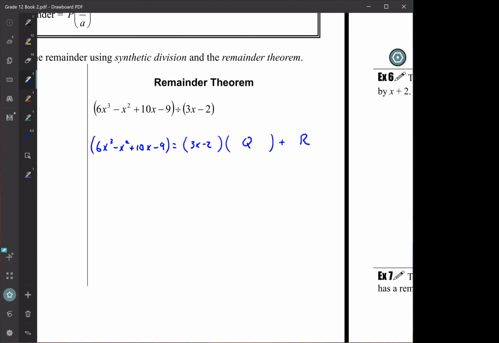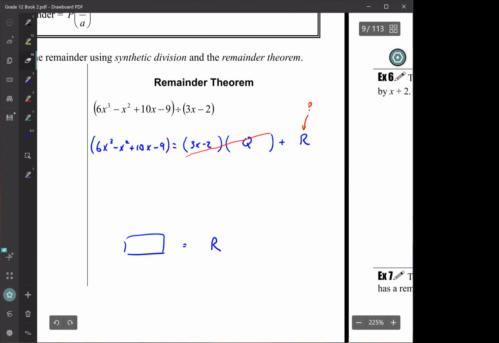Now, if I want to find the remainder, this is our goal. I want to figure out what remainder is. All I need to do is find a way so then this part is gone, because our goal is to get r equals something. So on the right-hand side, I don't want to have dq, okay? And to make that happen, what we can do is try to make the divisor equal to 0.